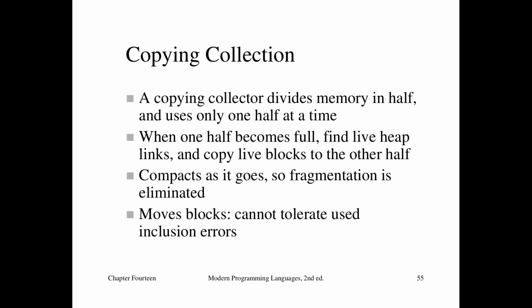It simultaneously gets rid of anything we don't need, and gets rid of the problem of fragmentation. On the other hand, since it moves the blocks, it can't have any type of inclusion errors. So that's a problem.